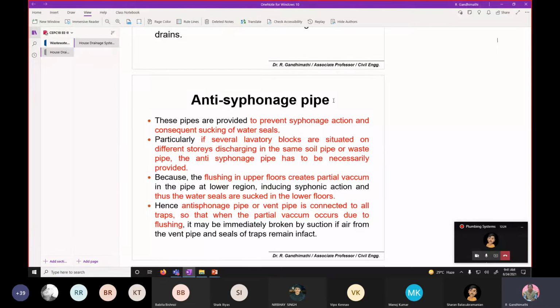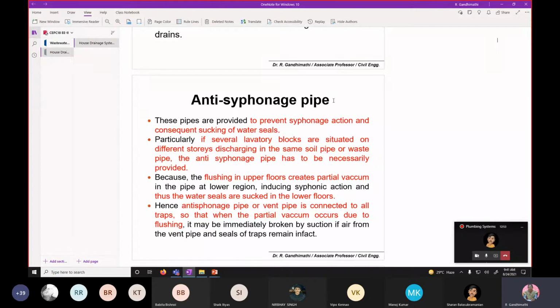This system is especially suitable for multi-storied buildings, because the lavatory blocks are in the same line on different floors. Therefore, in order to maintain the water seal, this pipe should be provided along with the soil pipe.